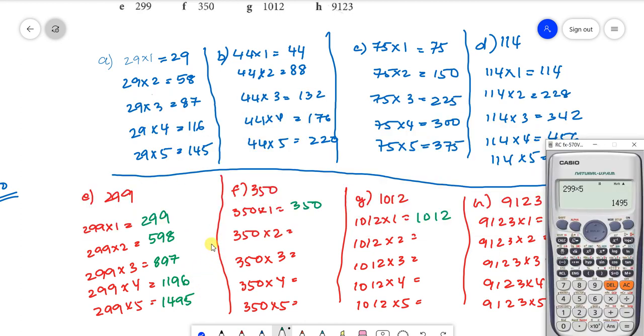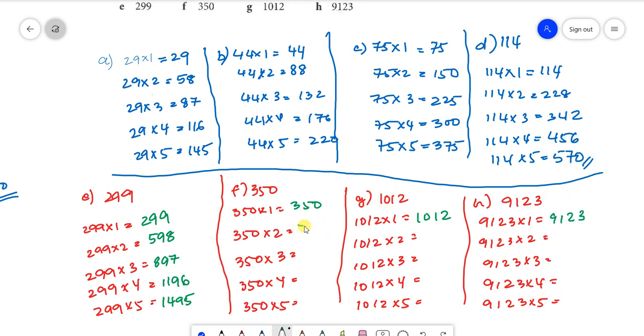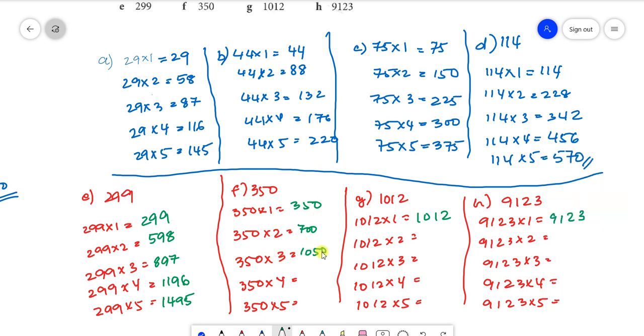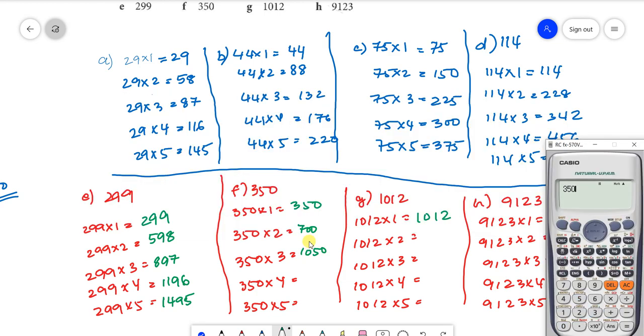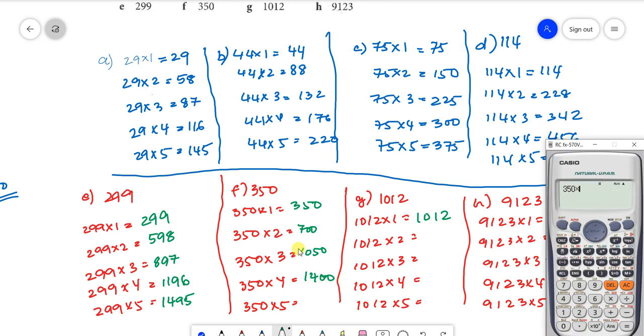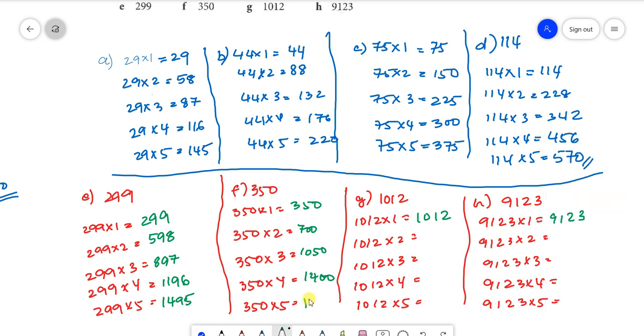Okay. 350 times 2, 700. 350 times 3 is 1050. 350 times 4 is 1400. 350 times 5 is 1750.